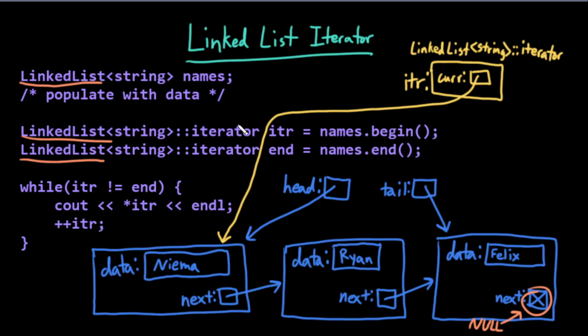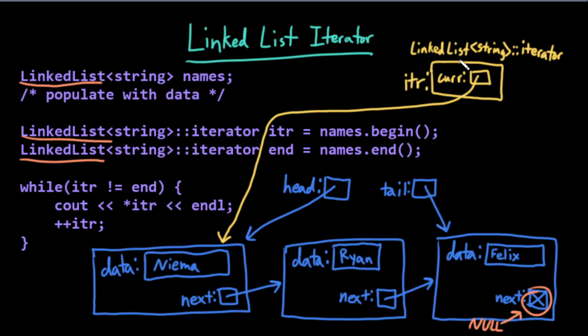So using the exact same code from the user perspective, I can get the exact same functionality as with the vector, as long as I'm implementing my linked list iterator appropriately. In the previous example, our iterator object had some current index. It was an index because the data structure was a vector, and we access elements via indices.